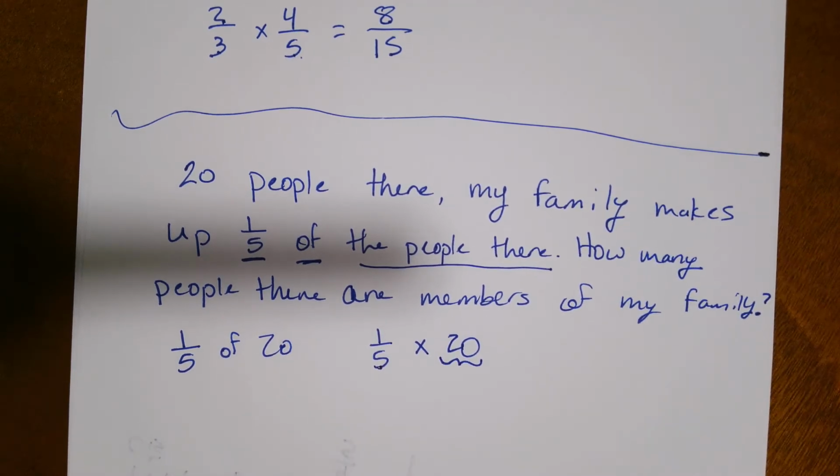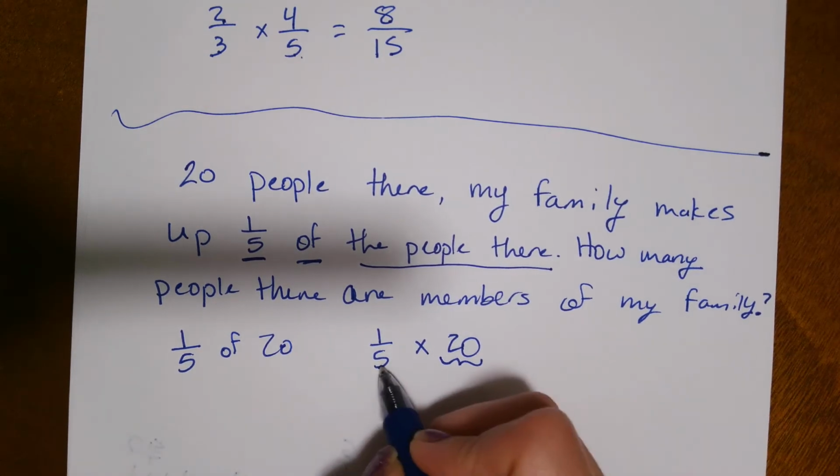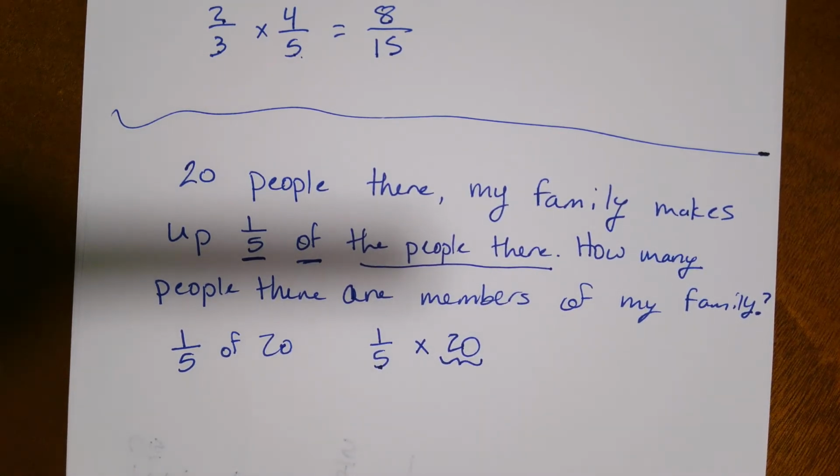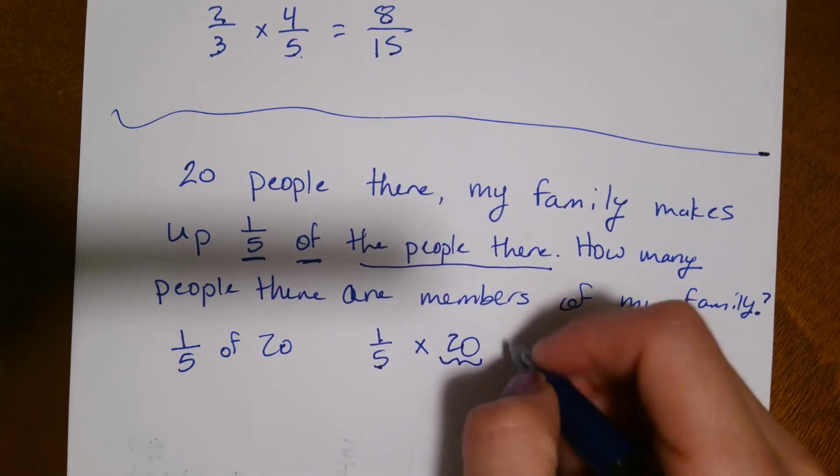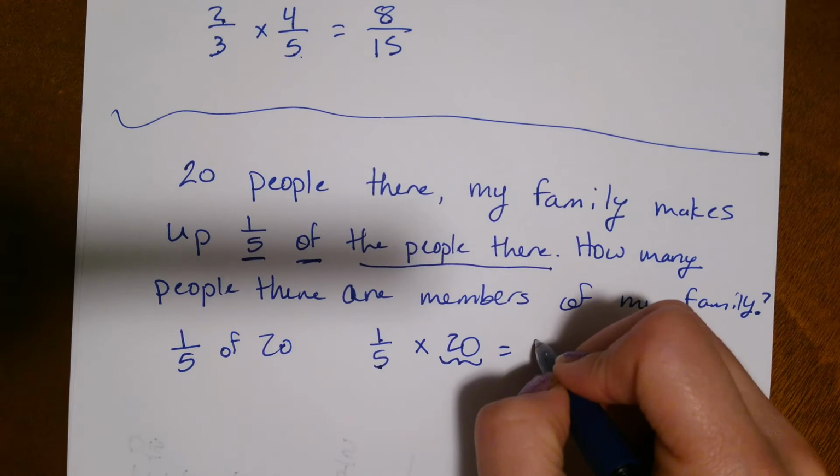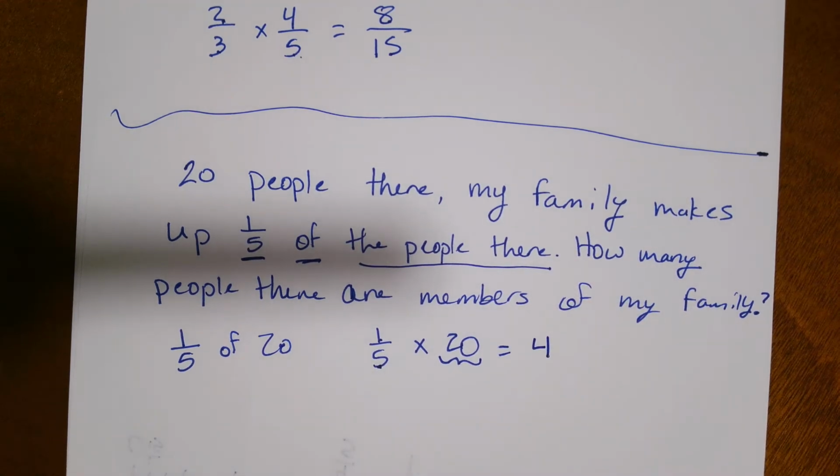So if I take 20 and break it into 5 pieces, each piece contains 4 people, or each group, right? By our definition of division, I'm breaking it into 5 groups. Each group would have 4 people, and I'm taking one of those groups. So that gives me 4, right?